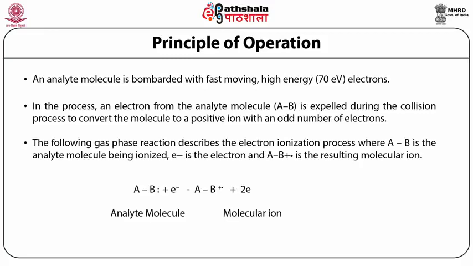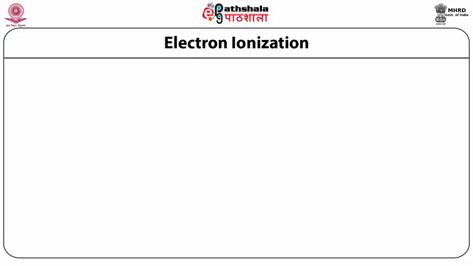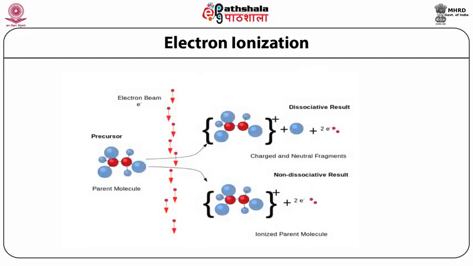The following gas phase reaction describes the electron ionization process, where AB is the analyte molecule being ionized, e minus is the electron, and AB plus dot is the resulting molecular ion, which we also call a radical cation or cation radical. In the actual process, a molecule, which you call the parent molecule or precursor molecule, meets the electron beam, and this results in the ionization process, which gives a molecular ion or ionized parent molecule.